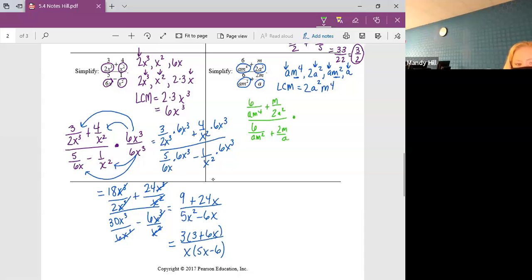We're supposed to multiply that by our least common multiple over itself. So 2a squared m to the 4th over 2a squared m to the 4th. And every single thing gets multiplied by that.